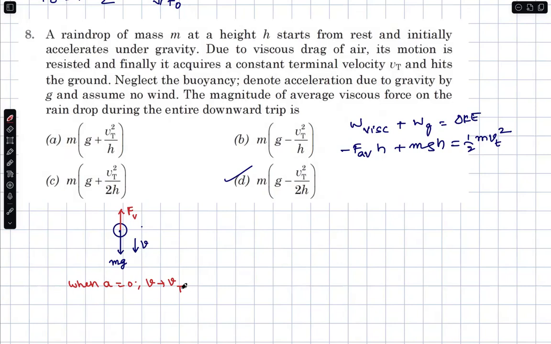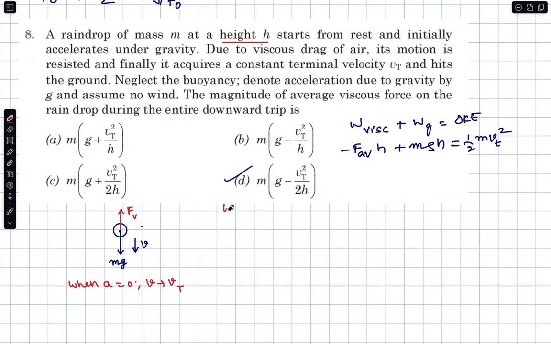Or you tell me whatever it is, only two works are happening. Work done by viscous force and work done by gravitational force. These are the only two forces I know, which is equal to change in K. Right. You said it has fallen through a height h. And you are asking average force. So what is the work done by viscous force?